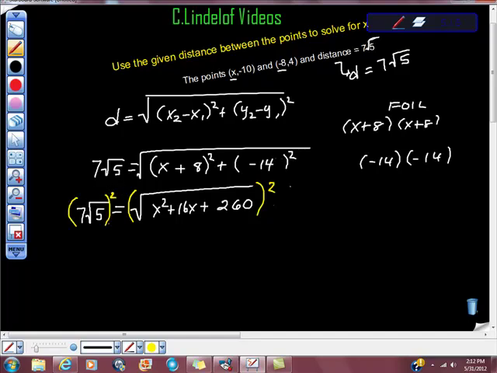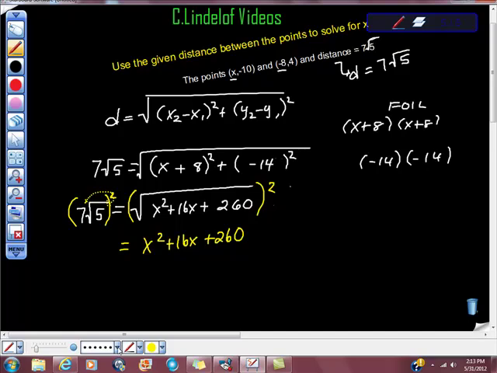And this is where it gets a little bit dicey. When I square this, we just get x squared plus 16x plus 260. Now remember, exponents are distributable over multiplication, so I have to square this and this.